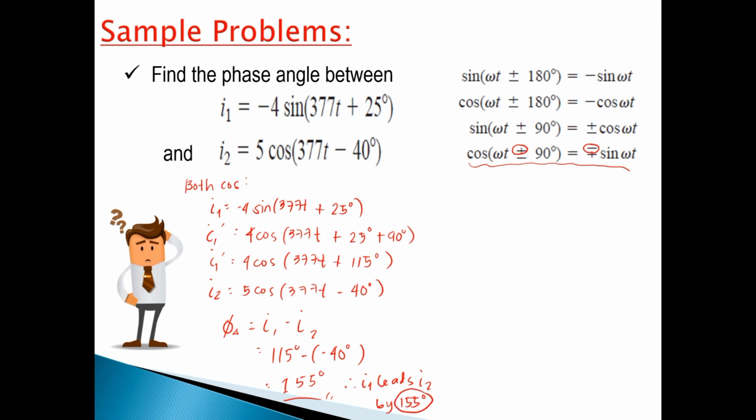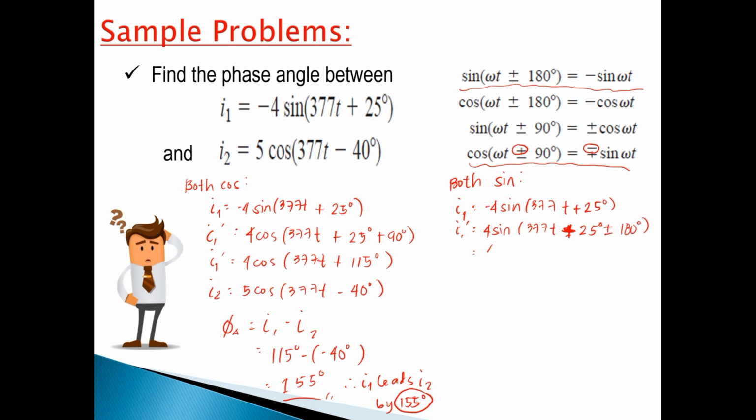Okay, so let's check if both are in sine. Our I1 equals negative 4 sine of 377t plus 25 degrees. So we have negative sine, and we can use positive or negative 180. So I1 prime is equal to 4 sine of 377t plus 25 degrees plus or minus 180 degrees.